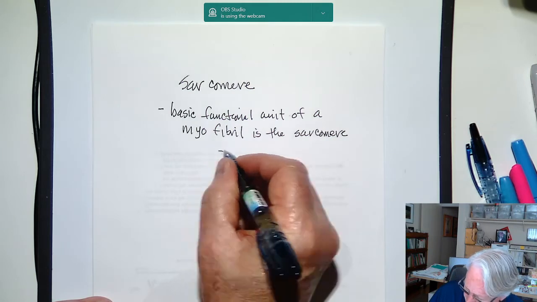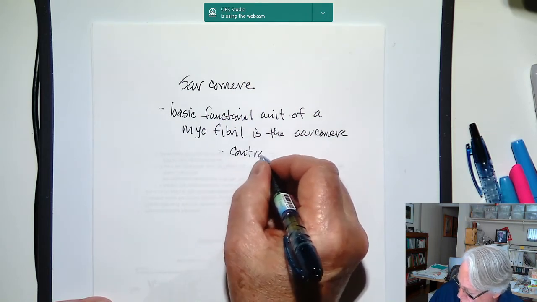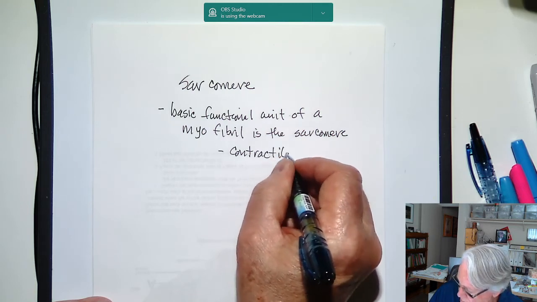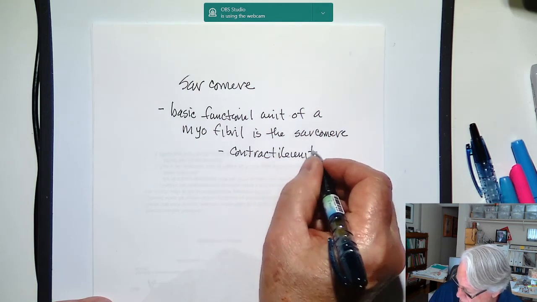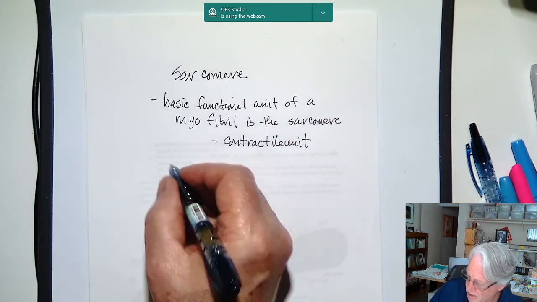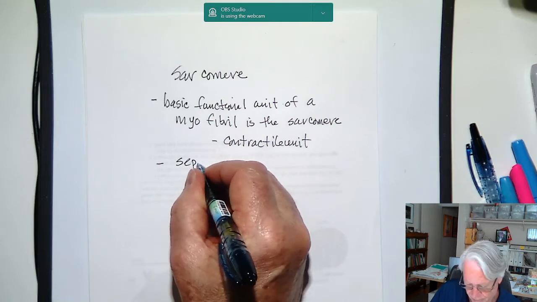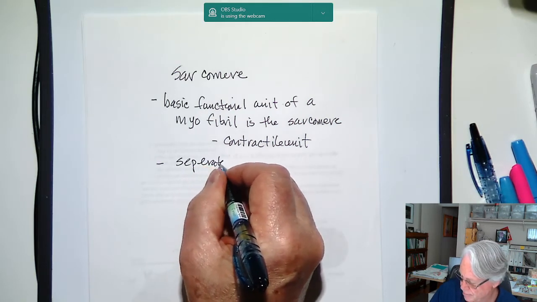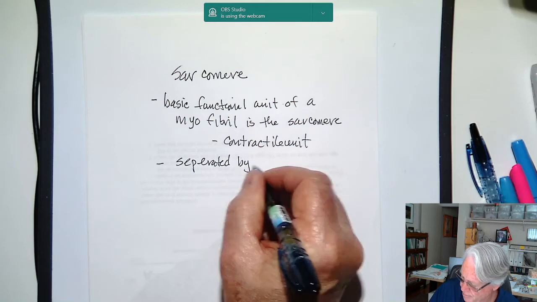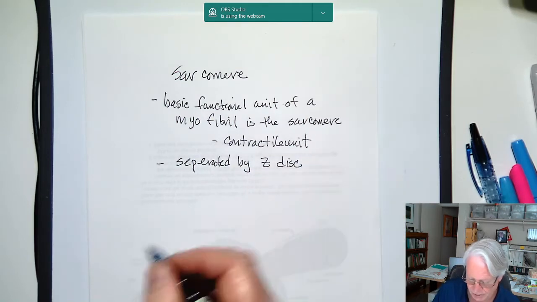It is the contractile unit. It's the unit that shortens. Okay. They are separated by the Z disc. Okay.